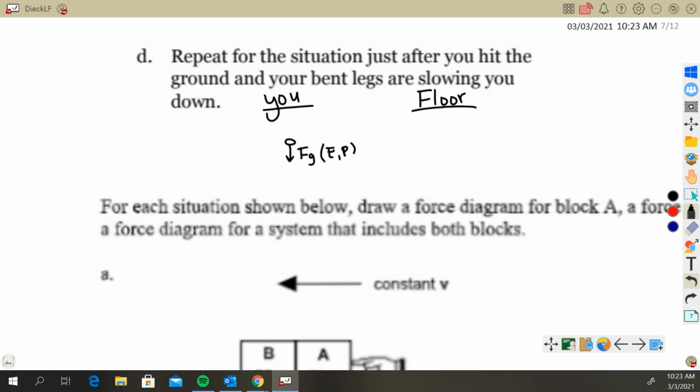Are our legs giving a force then? They are. They're slowing us down, so they're pushing against us. Our legs are actually going to give us a force downward. So it's going to be an applied force downward.